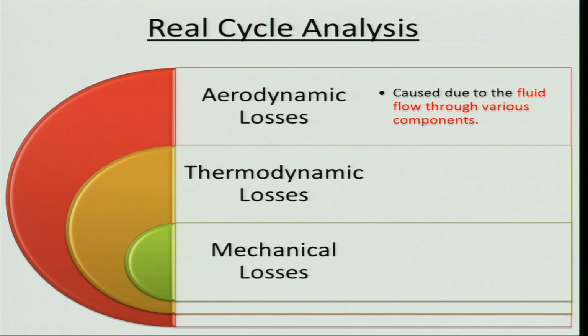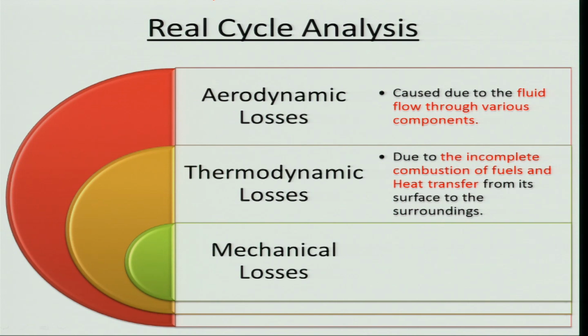So, those are aerodynamic losses, and thermodynamic losses are due to incomplete combustion of fuels, right. You can't really convert all the fuel into energy, it is not possible in a real situation, because it will be operating over a wider range during its operation.